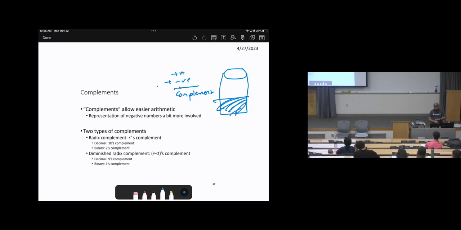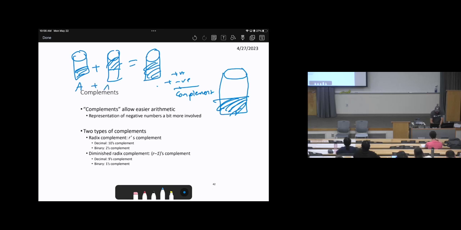Then the complement can sometimes be used as an indication of the negative. So we can say this cup, the filled part, plus the remaining unfilled part will make it a full cup. I'm going to denote the filled part by A. The unfilled part I'm going to call A bar, and the full cup I'm going to call 1.